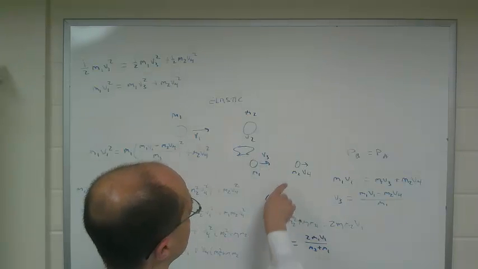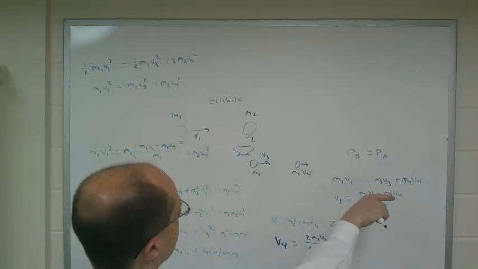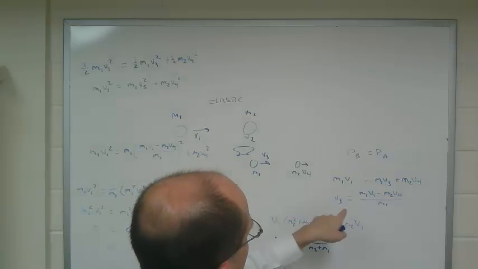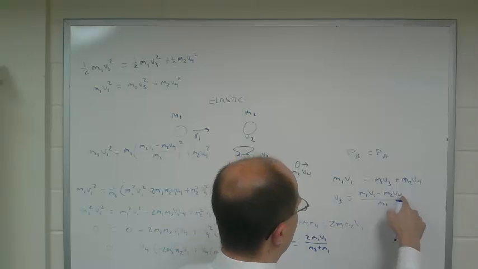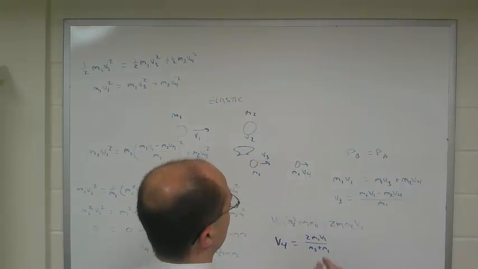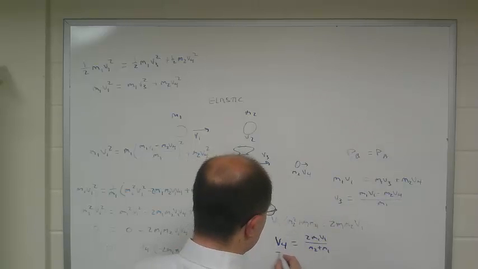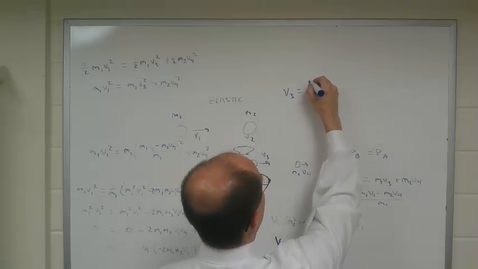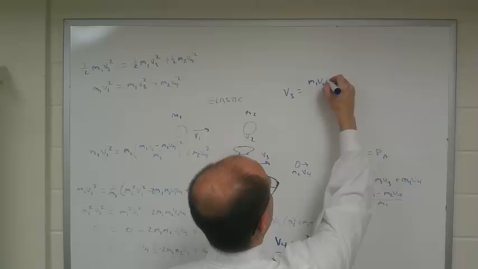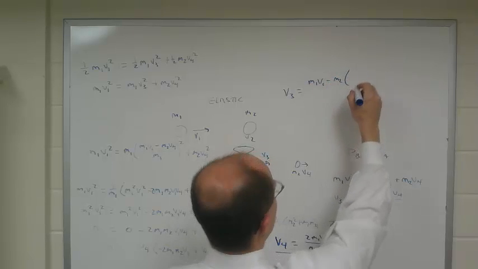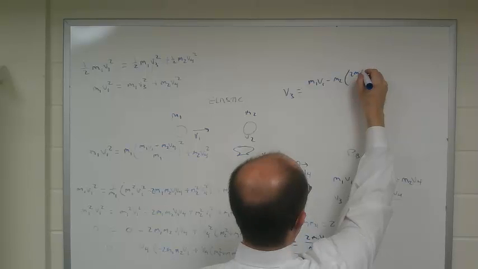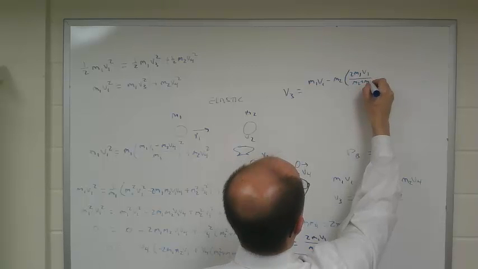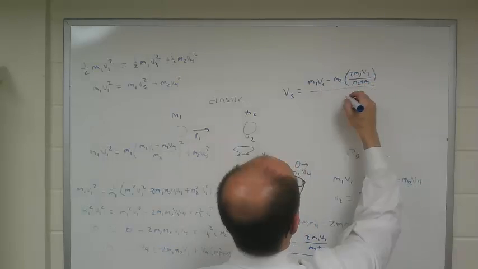We see that V4 is going to be moving in the direction that V1 was initially moving. Now, what do we look at for V3? Well, now we can plug in V4 for V3, and let's see what we get. So this is our solution for V4, and for V3, we have M1 V1 minus M2 times this quantity, 2 M1 V1 over M2 plus M1, and that's all over M1.